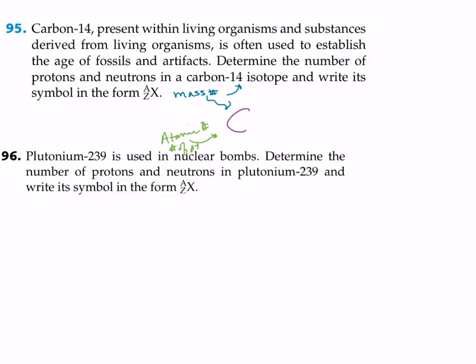The upper left-hand corner is your mass number, and the lower left-hand corner is your atomic number. So I think you should be fine. So determine the number of protons and neutrons in carbon-14. This other one is dealing with plutonium, mass number 239, and determine the number of protons and neutrons, and then write it in that form.